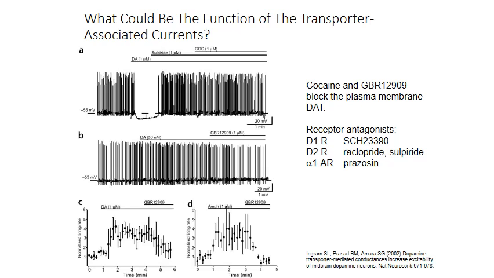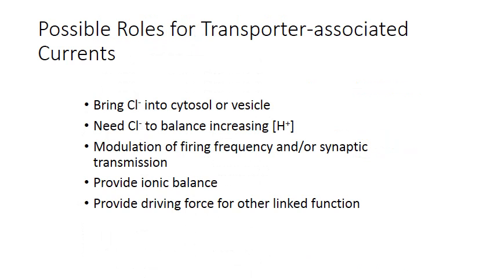So it may be that these extra currents carried by neurotransmitter transporters may be modulating frequency of firing, spontaneous activity, or possibly even the consequences of synaptic activity. So then, in summary, what are all the possible roles for these transporter-associated currents?